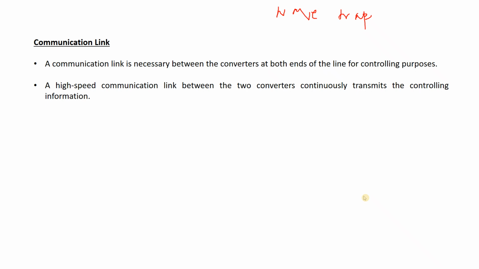But that high frequency cannot be allowed to enter the substation, otherwise the equipment will get damaged. If kilohertz or megahertz frequency enters an alternator, you can understand the reactance value will be very, very high. So it cannot be allowed.